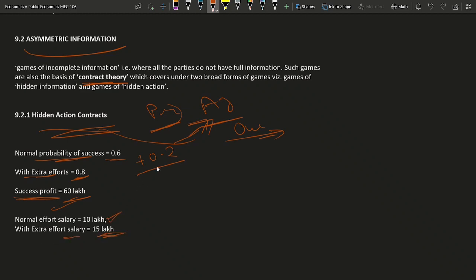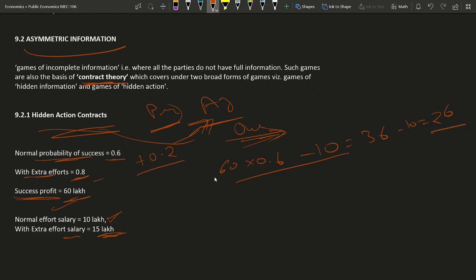So now the principal, the owner, has to decide whether he wants a manager at 10 lakh or 15 lakh. The expected profit with normal probability will be 60 multiplied by 0.6 probability, minus 10 lakh of expenses or salary. So this comes to 36 lakh minus 10 lakh, which is 26 lakh.